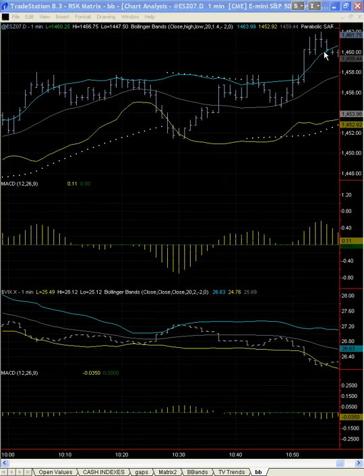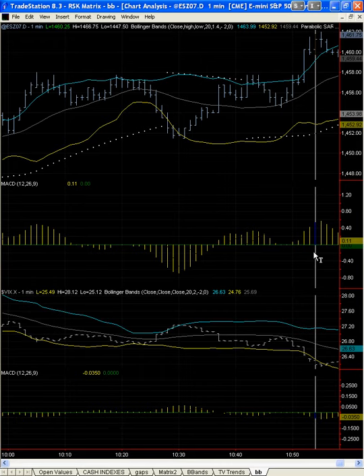Notice at the high of this bar, we're at a high on the MACD. Where in this 1 minute period does the market begin to turn? Okay?